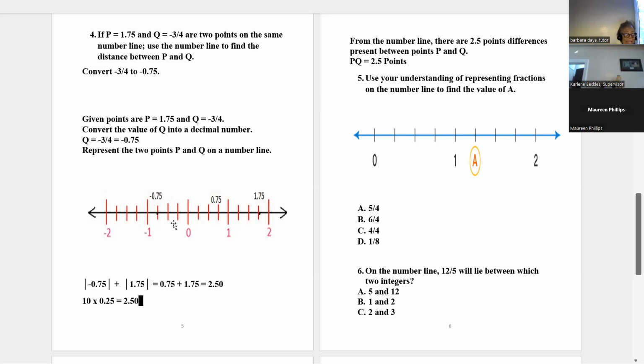Same thing when you go to the negative: minus 1/4, minus 1/2, minus 0.75, or minus 1/4, minus 2/4, minus 3/4. Got it?